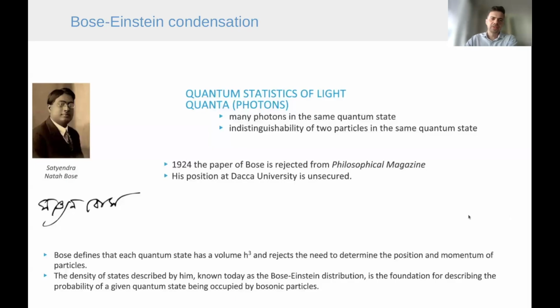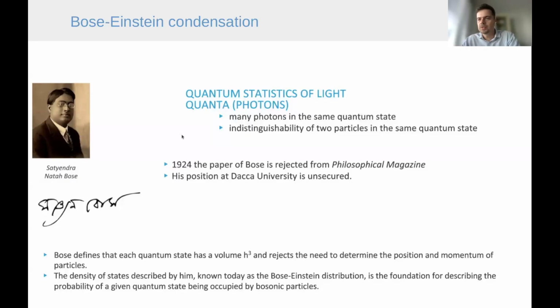But it all started over 100 years ago, in 1924, with Bose, who considered the Planck equation, which was a mystery at the time, and he tried to explain it.